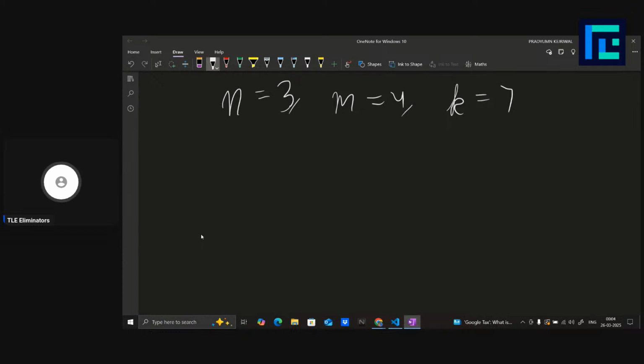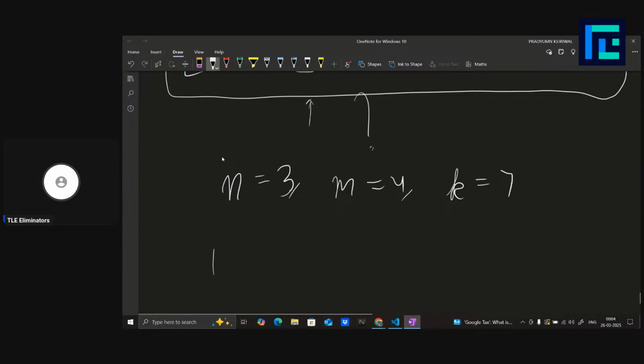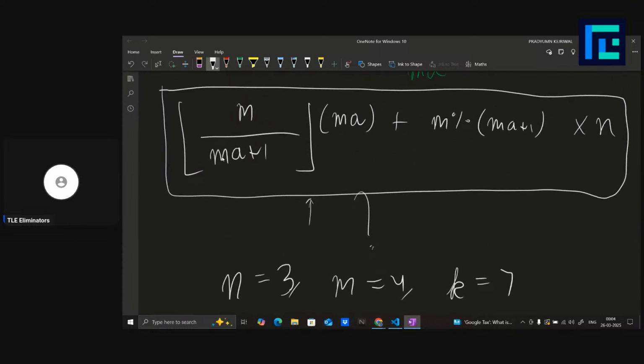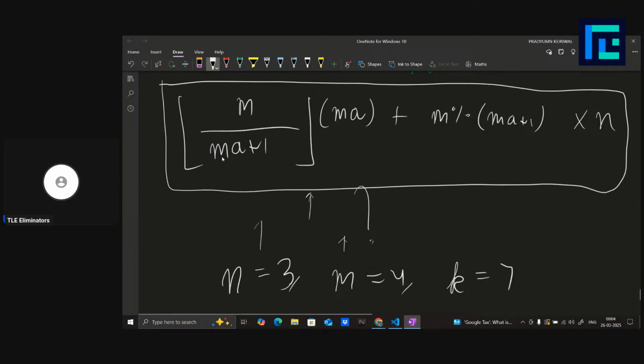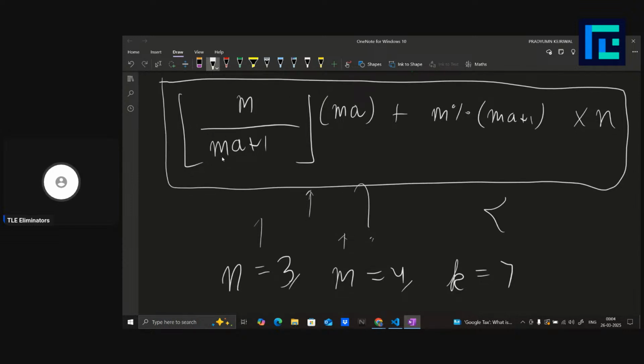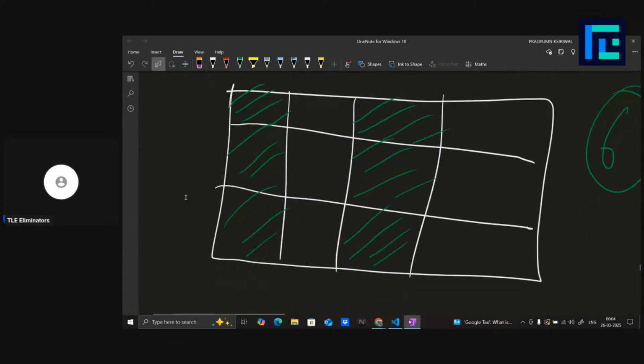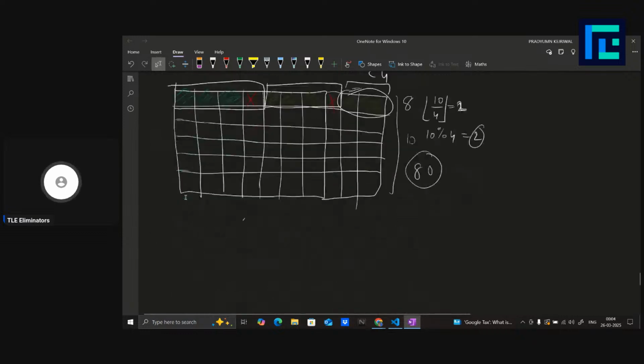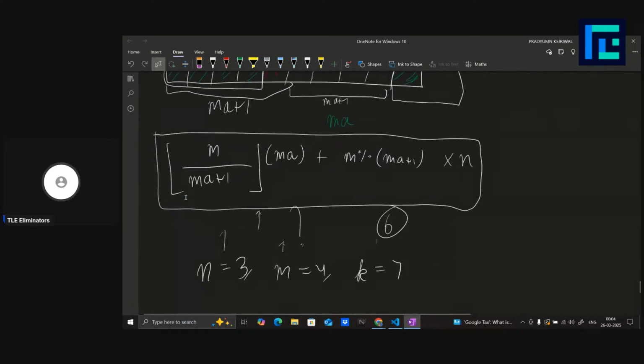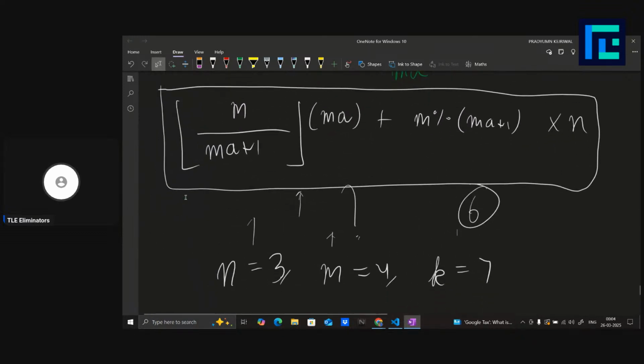First of all, you try bench length 1. So you plug in ma equal to 1, n equal to 3, m equal to 4 in this formula, and that will come out to be 6, as I showed you here. So that is less than 7, so you cannot do it with just one bench length.